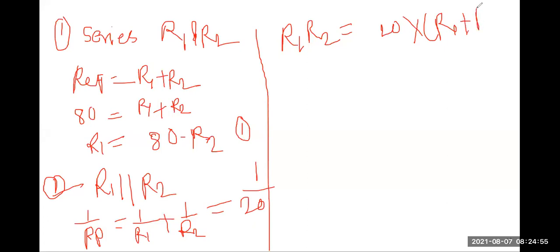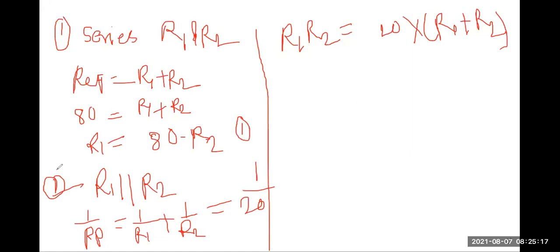Yesterday only we discussed how we do this addition of fractions: making their denominators the same and then adding the numerators. So here we get R1 into R2 is equal to 20 into R1 plus R2.